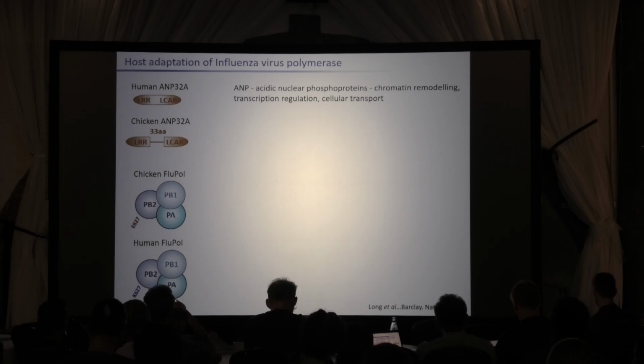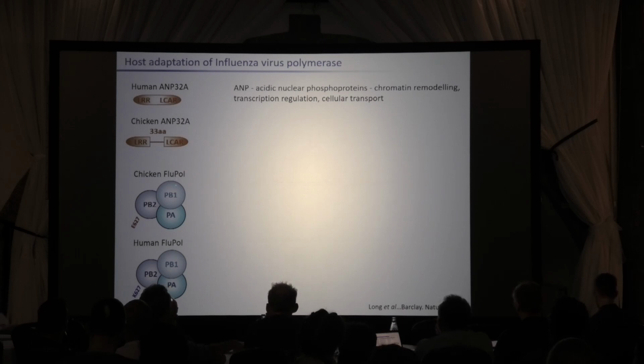Professor Barclay from Imperial College discovered that these proteins called ANP32 are key to influenza replication.